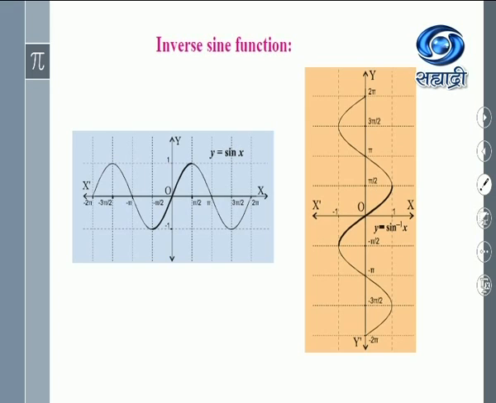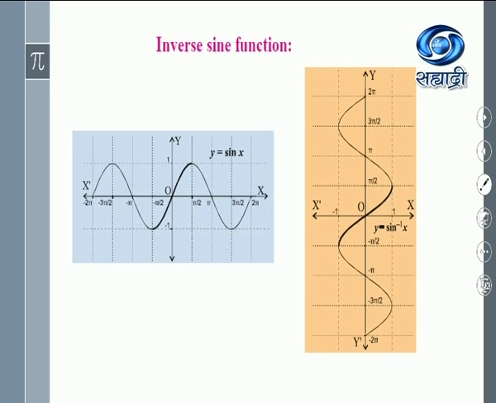And the restricted domain is -π/2 to +π/2, and that becomes the range. So this is the branch we got in y equals sine x, and this is the branch in y equals sine inverse x. No need to memorize all these values. This is to understand the concept. The graphs are given. By visualizing the graph, the ideas will become more and more clear.